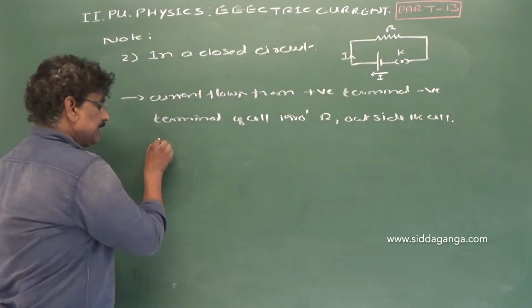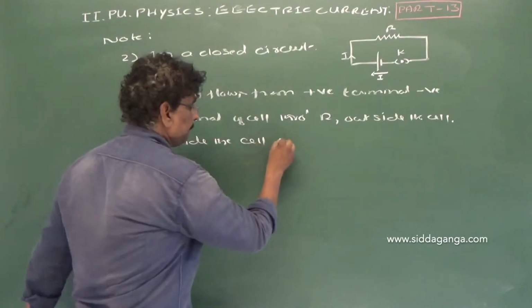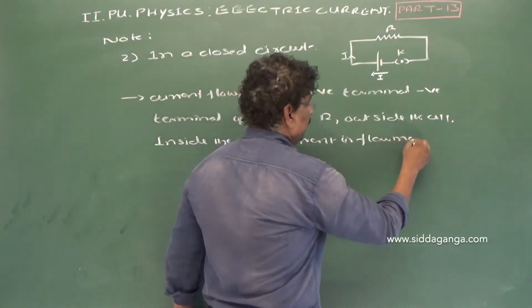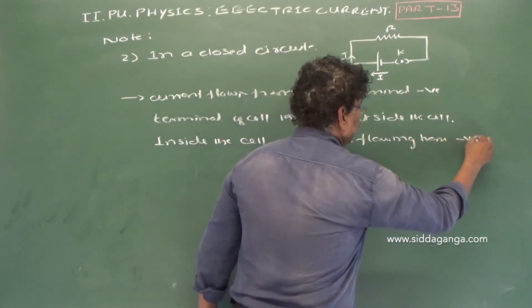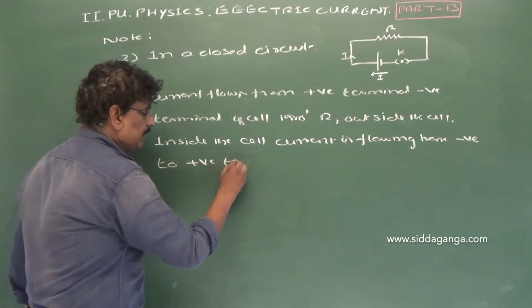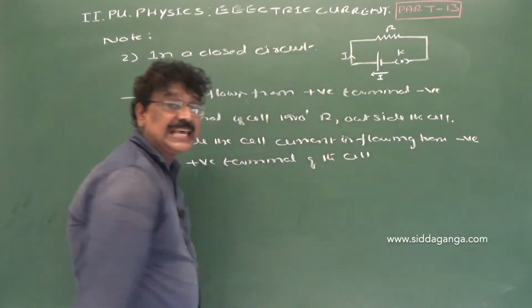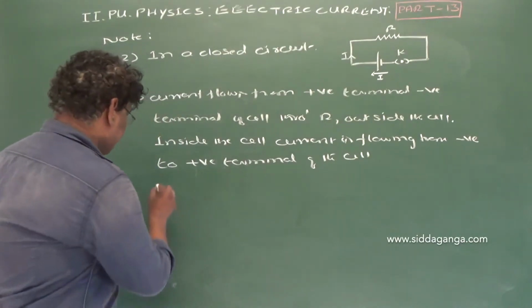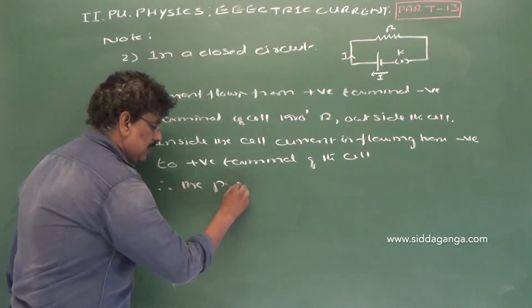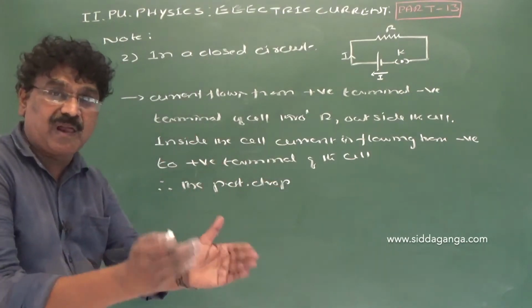Right. Now, inside the cell, current is flowing from negative to positive terminal of the cell, and therefore there is potential drop, we have lost that potential.